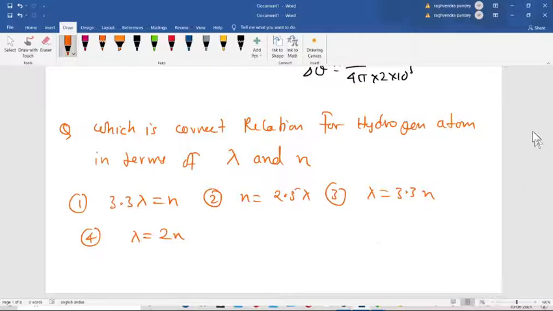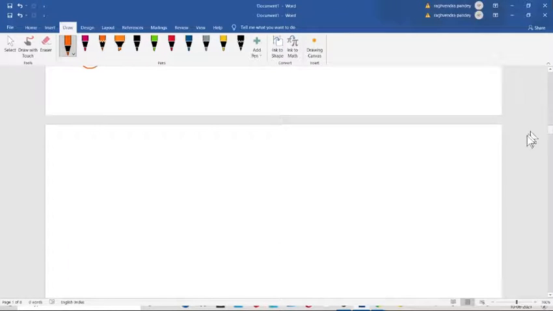Okay, so how to solve it? See, I told you the answer. 2 pi r is equal to n lambda. This is the equation. Everybody should remember this one.